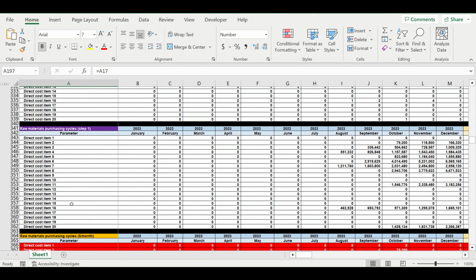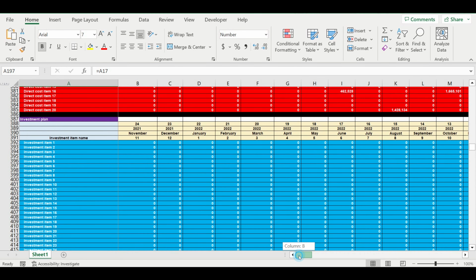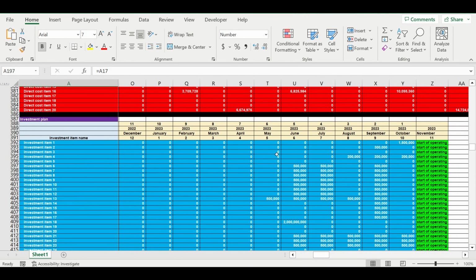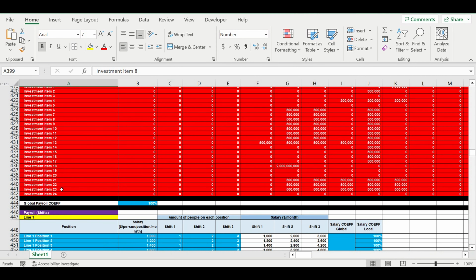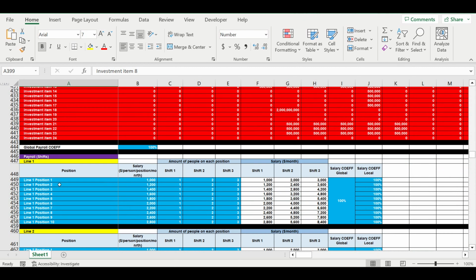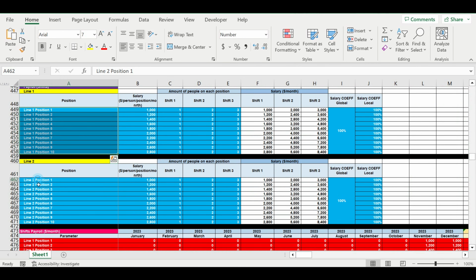Then we were modeling investment plan, investment stage before operating activity starts. Then we were focused on creation of payroll for line 1 and line 2, depending on shifts.